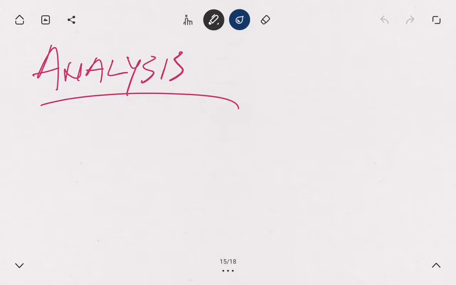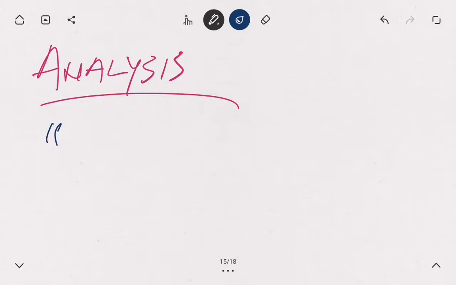Analysis. Okay, this is also a very common word in safety engineering. So we normally do studies, and in those studies we say, okay, we did the safety analysis, we did the hazard analysis, we did the risk analysis. So what is this analysis?